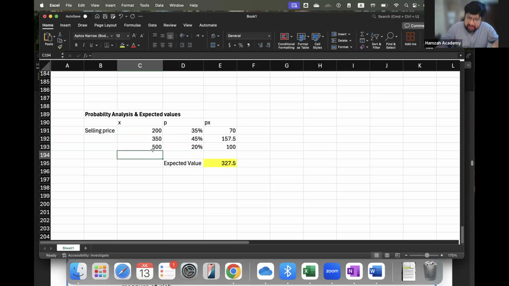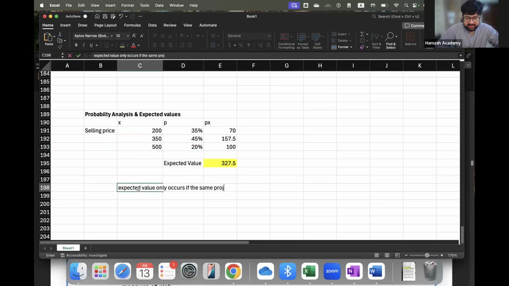This expected value can only occur if the same project is repeated again and again, and then the weighted average of all projects will be 327.5.